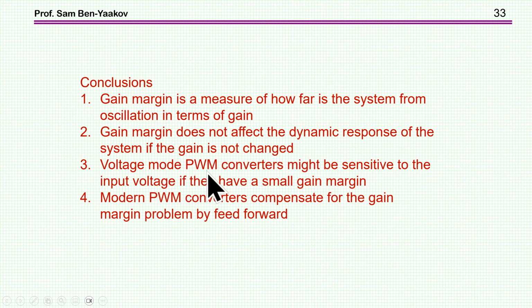Now, voltage mode PWM converters might be sensitive to the input voltage if they have a small gain margin. This I've shown. But modern PWM converters compensate for the gain margin problem by feed forward.